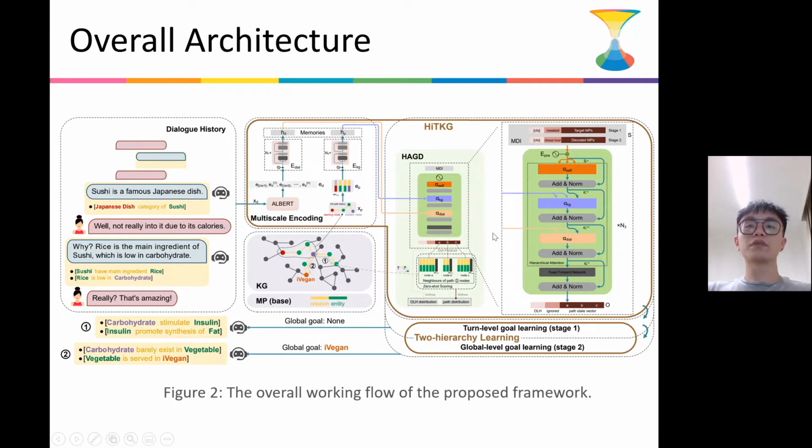So it has two options, this node and this node, two green nodes, as indicated in the KG box. So it has two kinds of reasoning results. One is without the global goal guidance, and one is guided by the global goal. In this case, it's called iVegan.